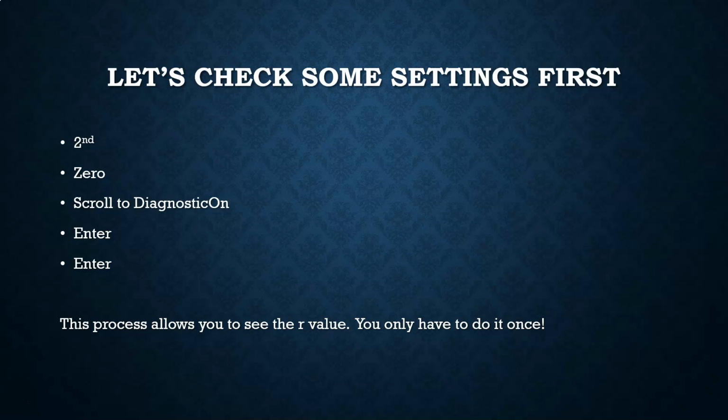So scroll all the way down to the D's, and then once you have the arrow next to diagnostic on, you need to hit enter twice. Once you do this, this is going to allow you to see the R value, which is the correlation coefficient. Before you did this, that wouldn't show up on your calculator. So this is something you only need to do once.